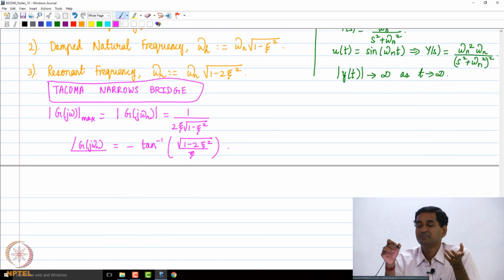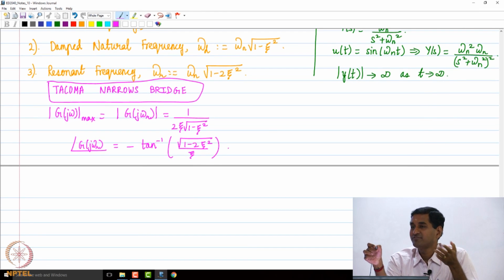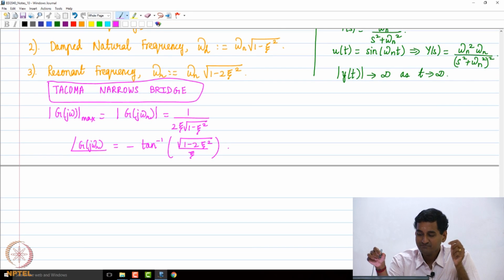Immediately you see that the maximum magnitude and the phase at the resonant frequency depend only on the damping ratio zeta. Very straightforward, you just substitute and figure it out.